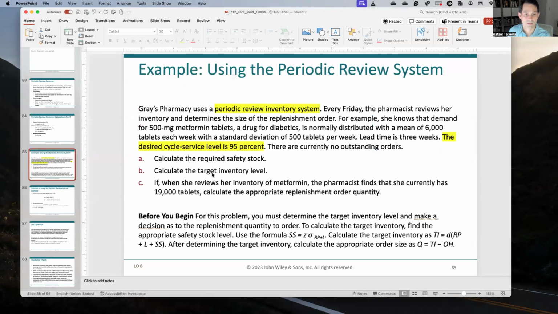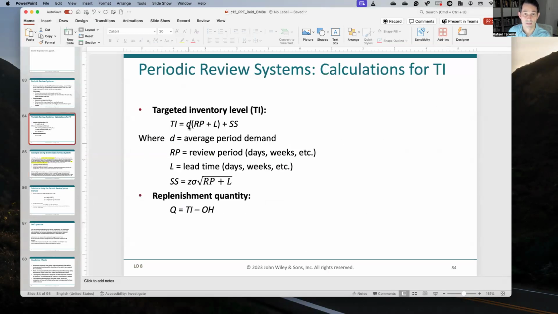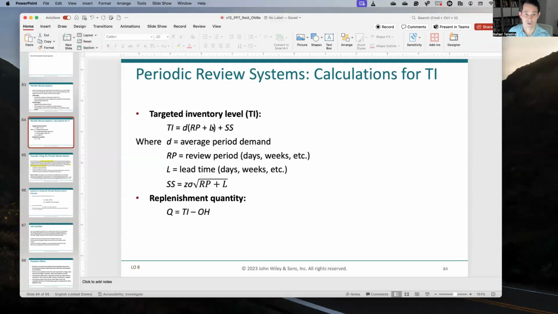What else? Calculate the target inventory level. So my target inventory level is my average demand times the time it takes for me to review the inventory plus the lead time to get it replenished, plus the safety stock.